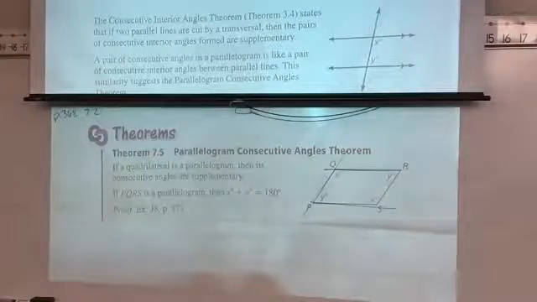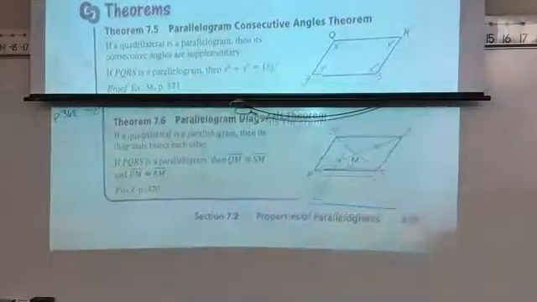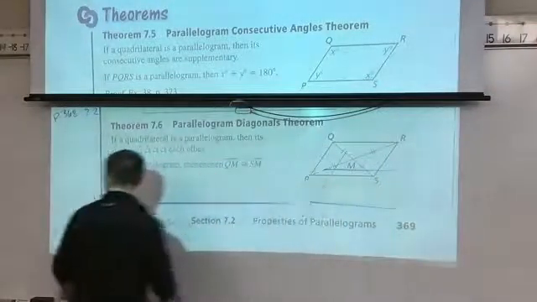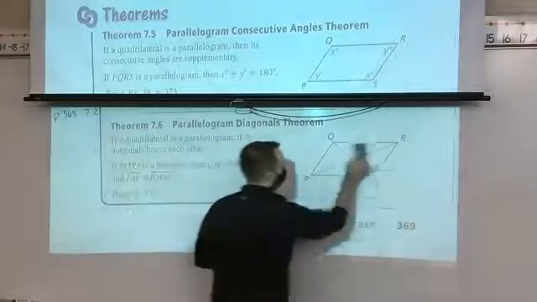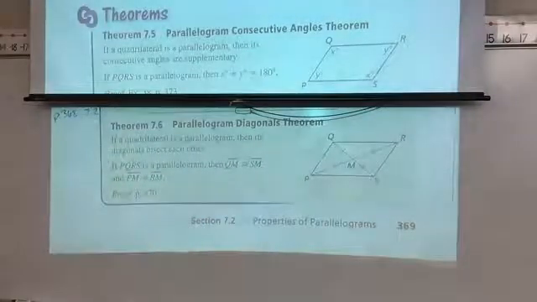All right, and then our last theorem here talks about the diagonals. Remember, diagonals go through the figure. They connect non-consecutive vertices. What we can say about the diagonals is the diagonals bisect each other, meaning that they cut each other in half.